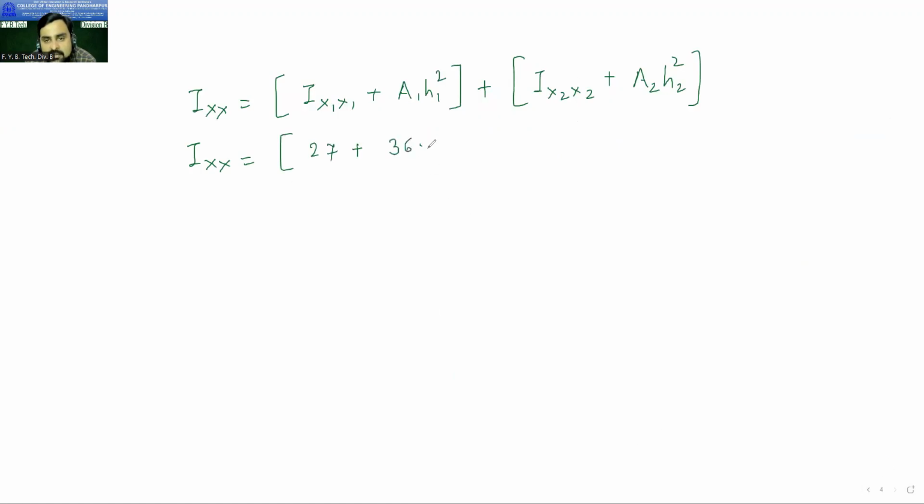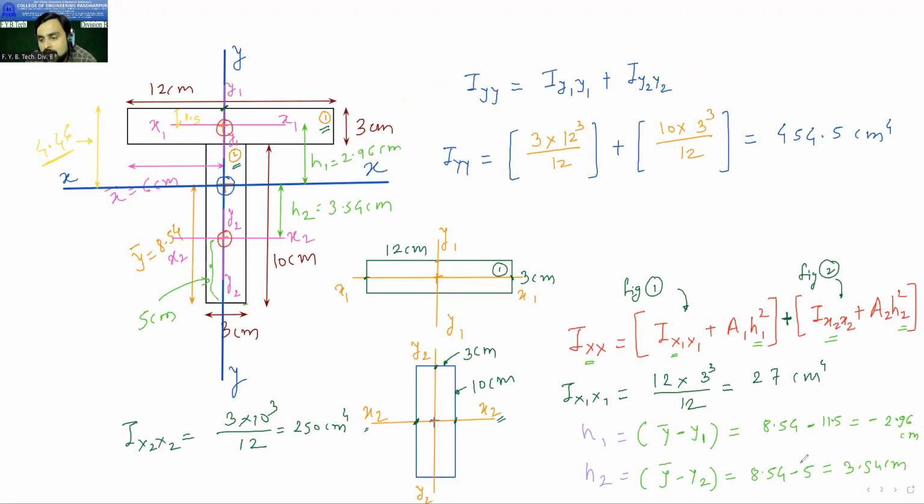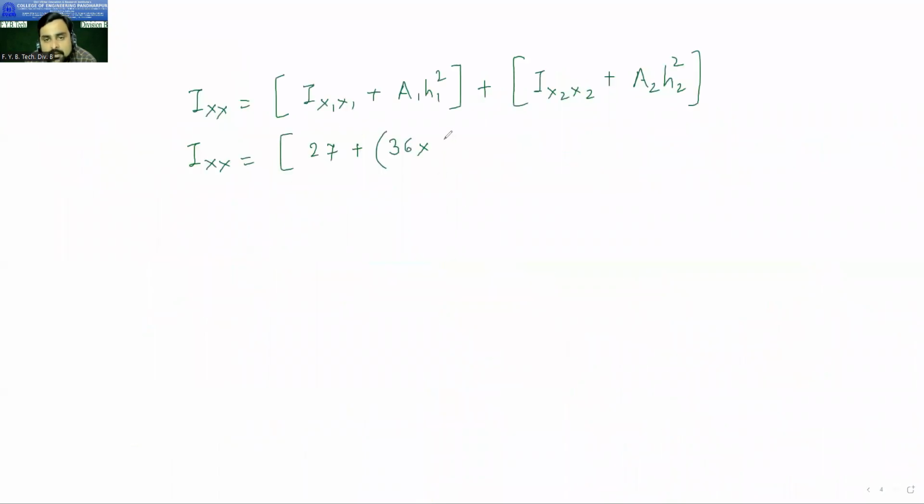I can write here 36 into H1. H1 काय आहे? H1 आहे y bar minus y1 2.96. Okay, so here I can write here -2.96 ठीक आहे, कन्फ्युजन अवॉइड करू आपण, किंवा 2.96 घ्या, काय प्रॉब्लेम नाही. स्क्वेअरच करायचा आहे शेवटी, स्क्वेअर केलं तर आन्सर पॉझिटिव्ह येत आहे, ह्याच्यामध्ये कुणाला काही कन्फ्युजन नसावं.